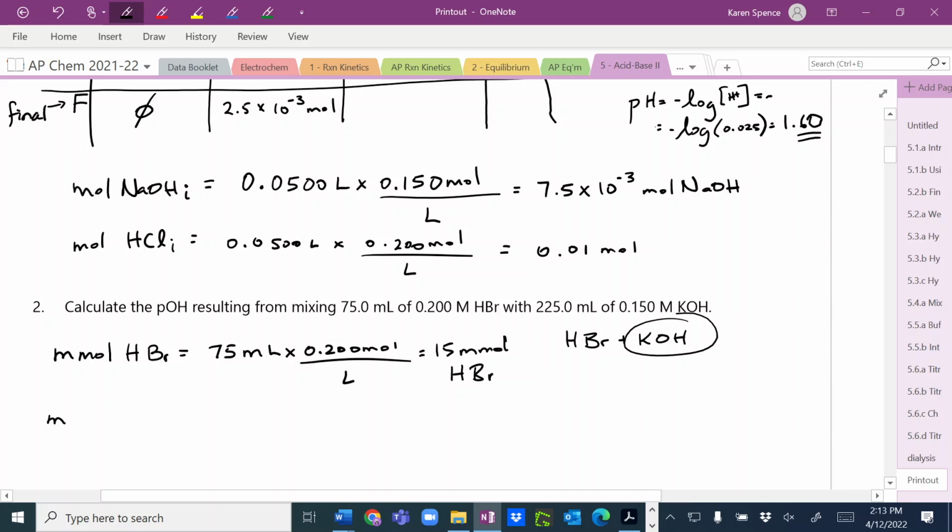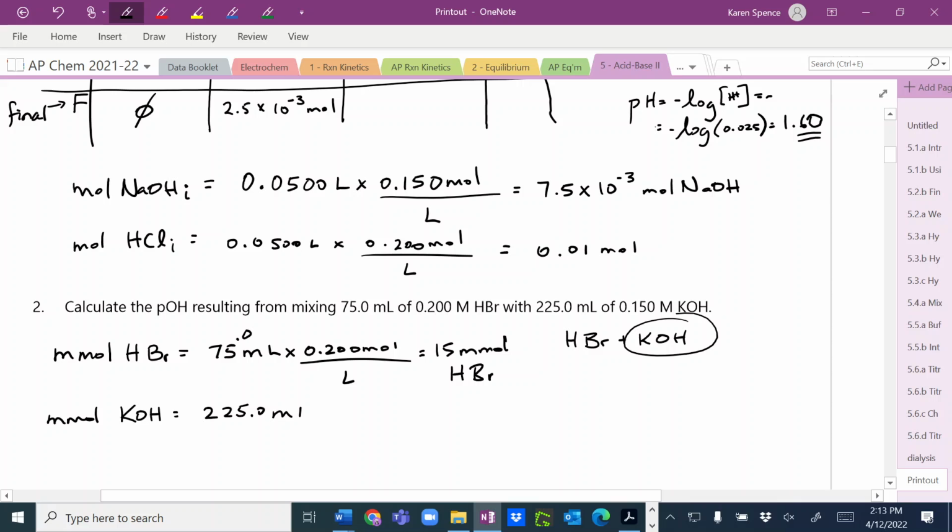Our millimoles of KOH is equal to 225. I guess I should put my 0.0 so I know how many sig figs I'm dealing with there.